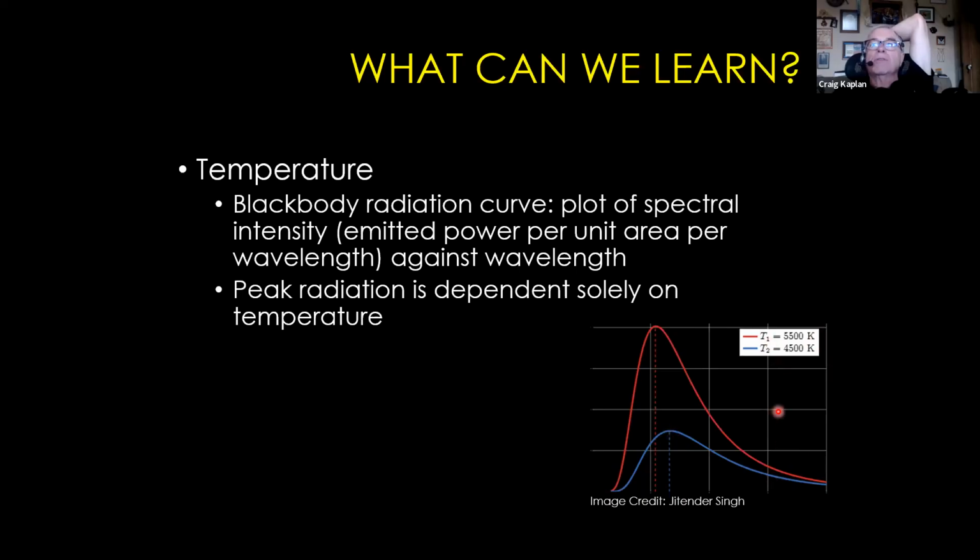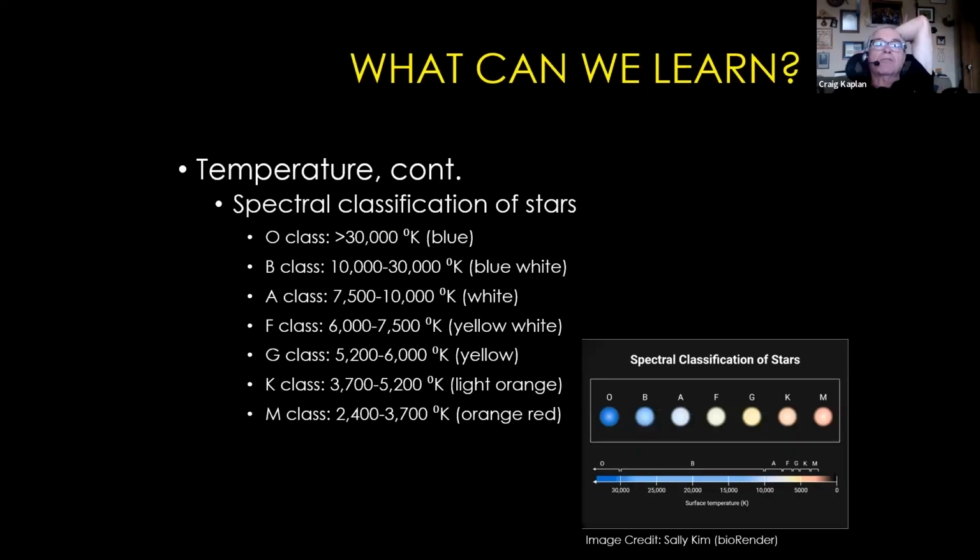So what can we do with this? Well, we can come up with what's called the spectral classification of stars. Based on the spectrum, the stars have been divided into 7 different classes, each with their own subclasses.